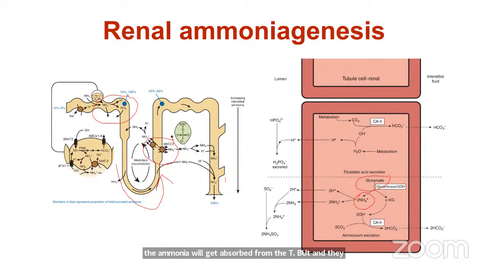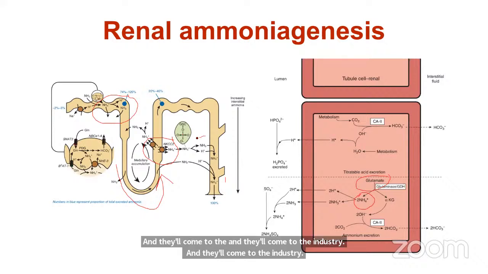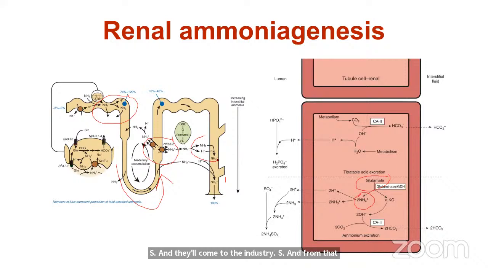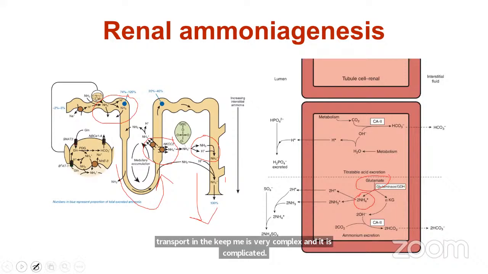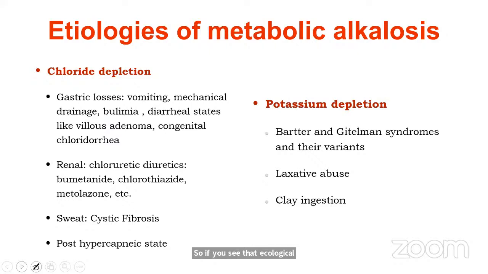And from that interstitium, again, they will get inside the cortical collecting duct. They will bind with the hydrogen ion that we have already discussed in the previous slide, and they will be excreted through the kidney. So the ammonia transport in the kidney is very complex, and it is complicated. Next slide, please.